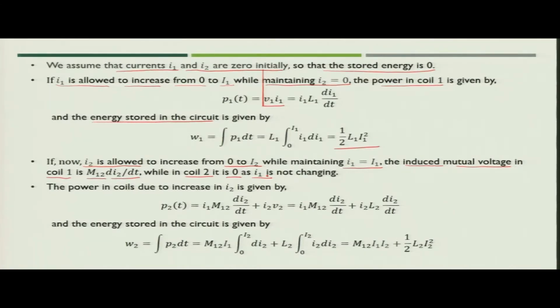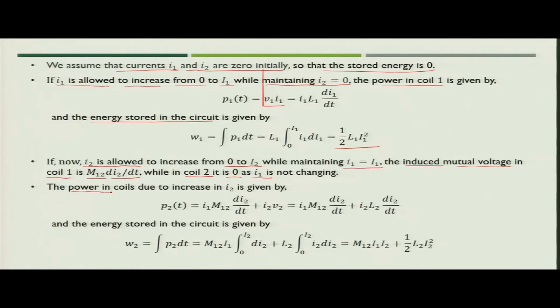So dI1 by dt will be 0 when we talk about the mutual induced voltage in coil 2.